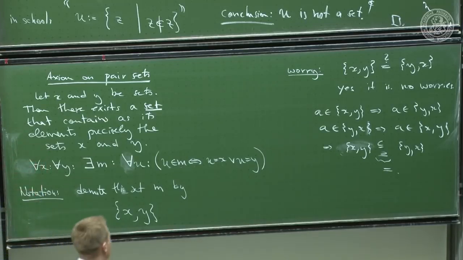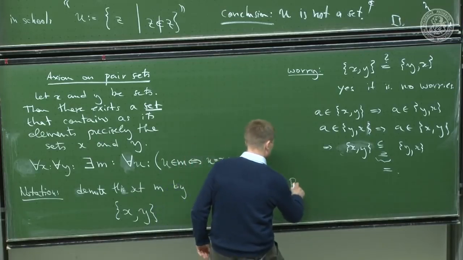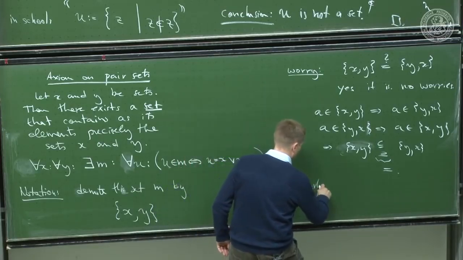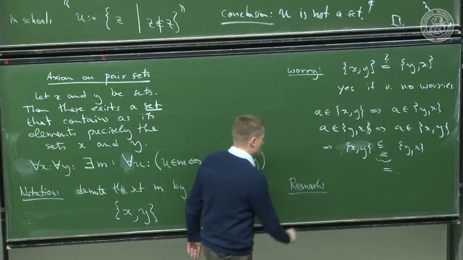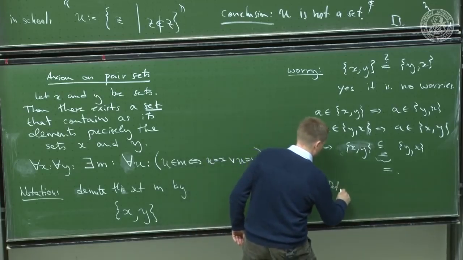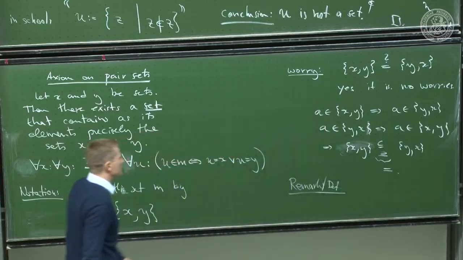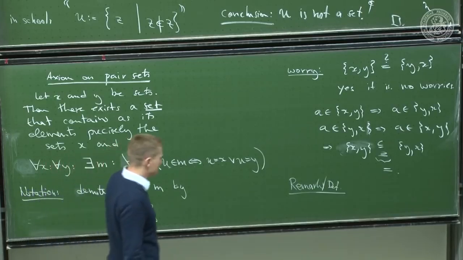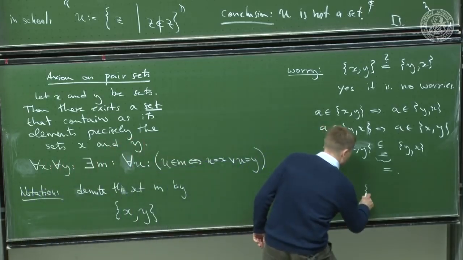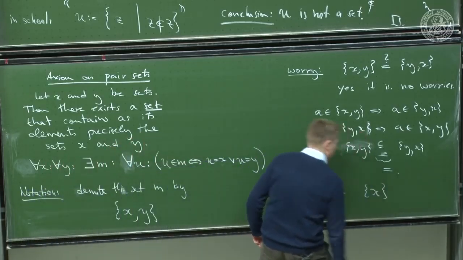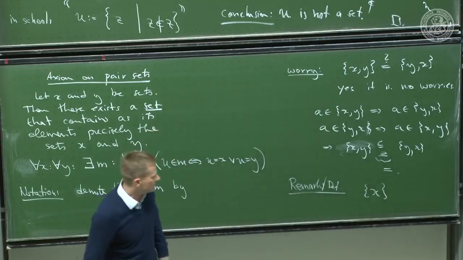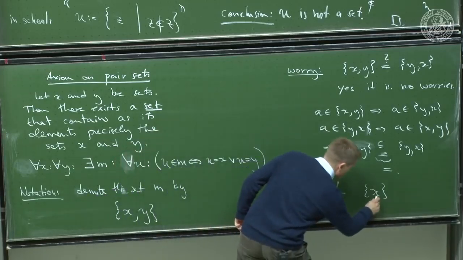And by the way, one more remark, or if you want, a remark on a definition, it's really trivial. The pair set axiom also guarantees the existence of sets of one element. I take a set X, so X is a set.